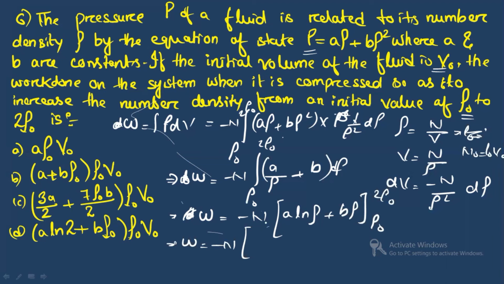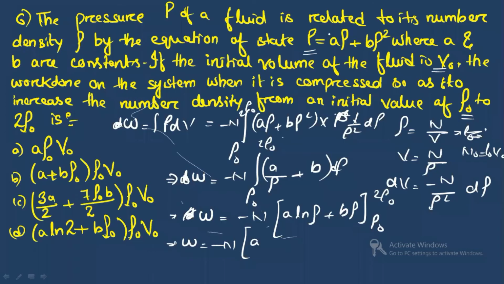But I'm keeping minus N as it is for now. Let's see the inside terms. It is A ln rho. When you put the upper limit and the lower limit, you will get 2 rho naught minus rho naught. This is what you are going to get.